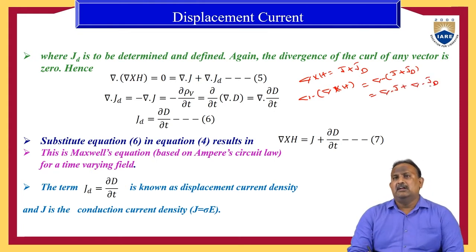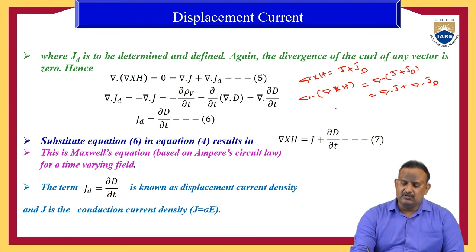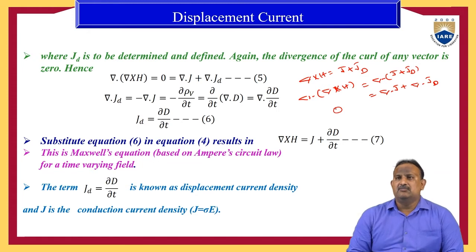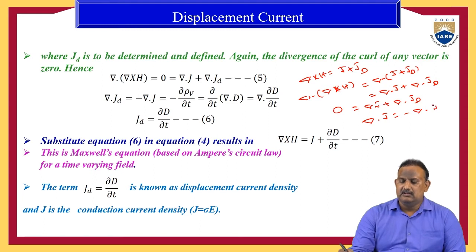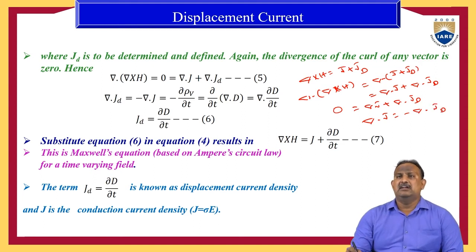Since the divergence of the curl of a vector is 0, the left hand side is 0. Therefore we can write del dot J equal to minus del dot JD.